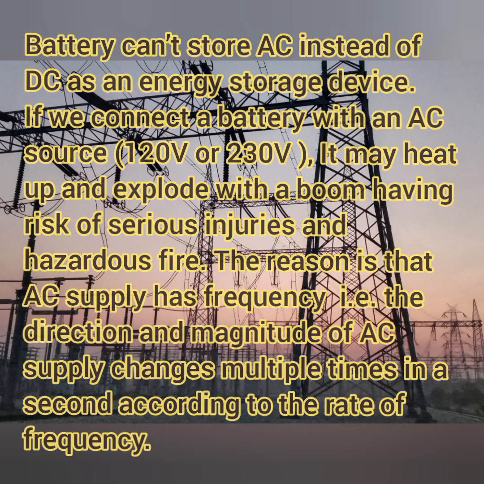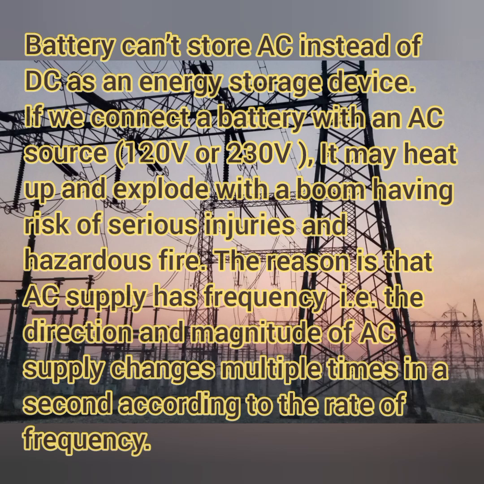For example, normally in our home we use a 230-volt AC supply. If we connect a battery with that AC source, the battery will blow up into an exploding condition, which means it will cause a risk of major injuries and hazardous fires also.